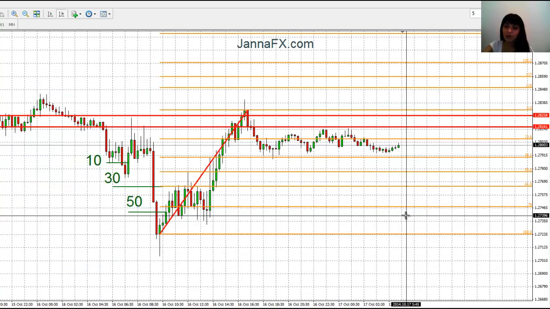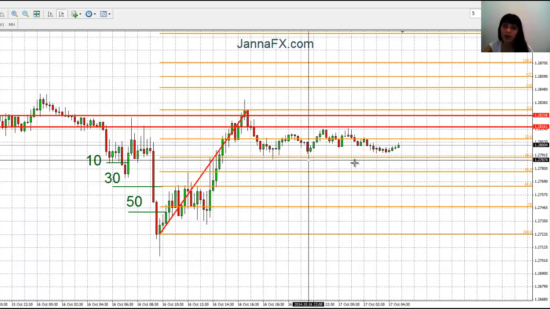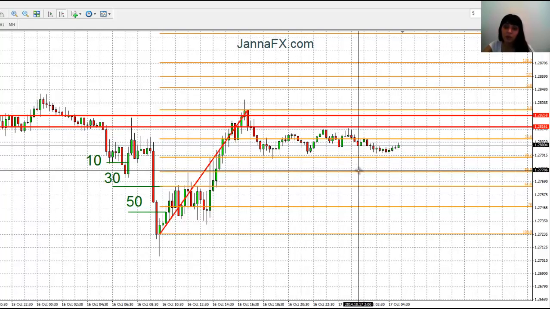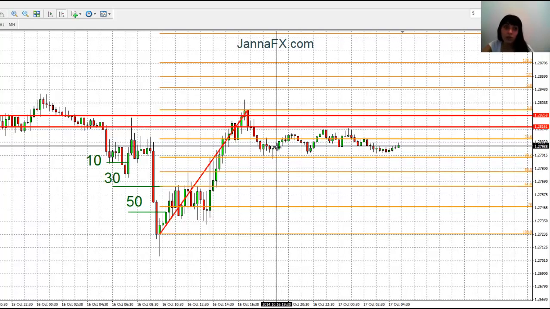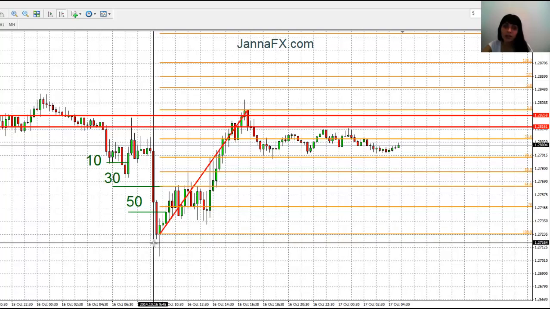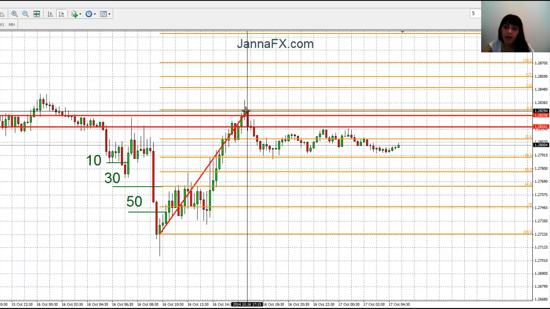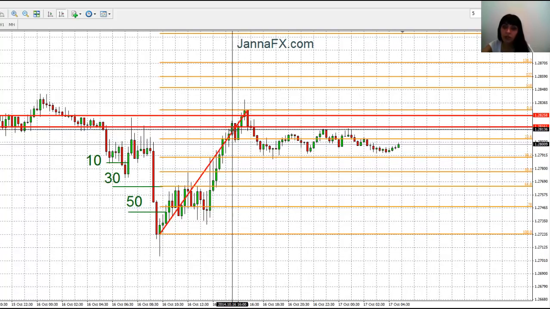It's 17th October, it's around 5 o'clock in the morning, so let's see what is happening right here and what I'm going to do, what kind of trades I'm thinking to put in, and where to take profits. So this is a 15-minute chart, and as you can see, I have here a little uptrend, and now I draw the Fibonacci lines as usual.